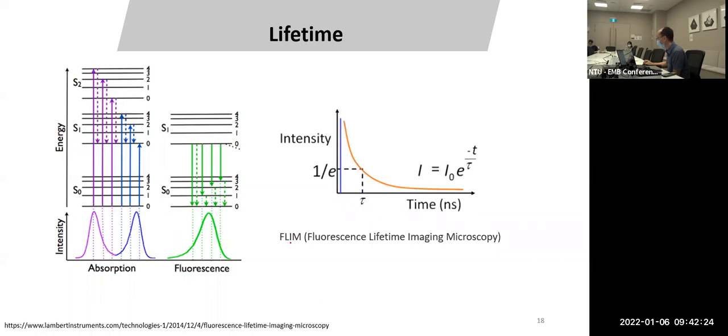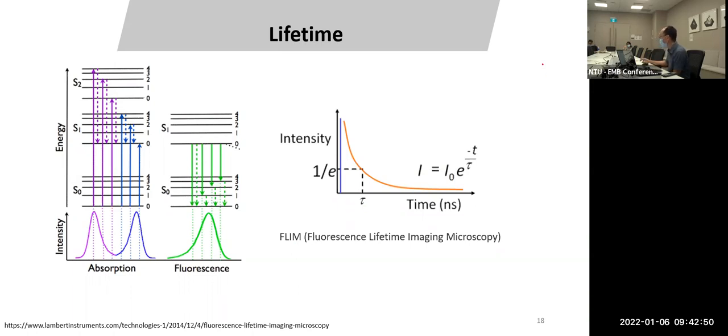The lifetime is very different between each fluorescent dye. So in FLIM, basically we are not concerned about measuring the intensity or the wavelength of your fluorophore. We are not concerned about whether you see the green channel or the red channel. No, we are just concerned about measuring this number, which is the lifetime. And the lifetime can actually distinguish fluorophores that have very similar wavelength, for example.